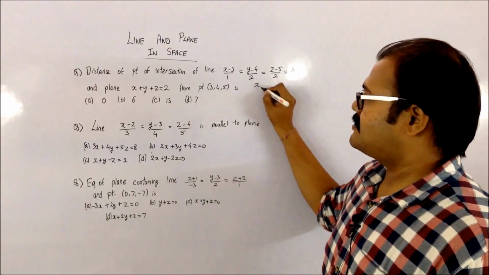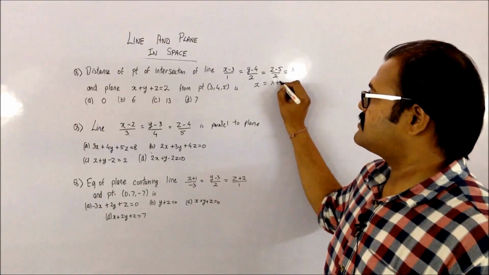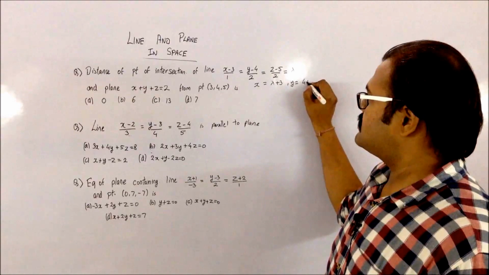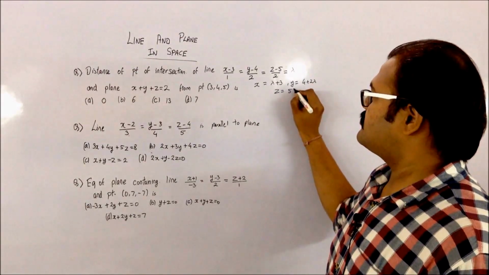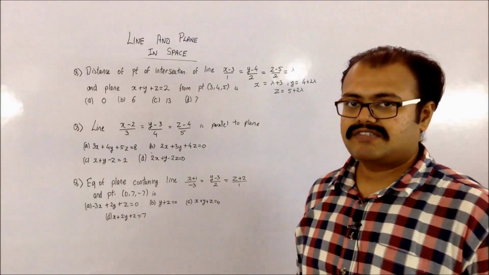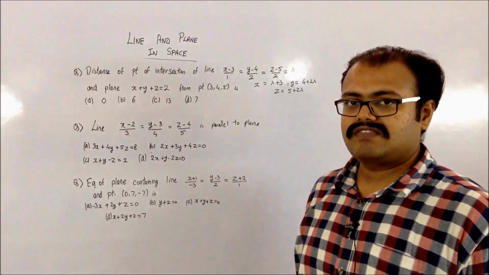So you will be getting x equal to lambda plus 3, y equal to 4 plus 2 lambda, and z equal to 5 plus 2 lambda. Now what you have to do is substitute the values of x, y, z in the equation of the plane.